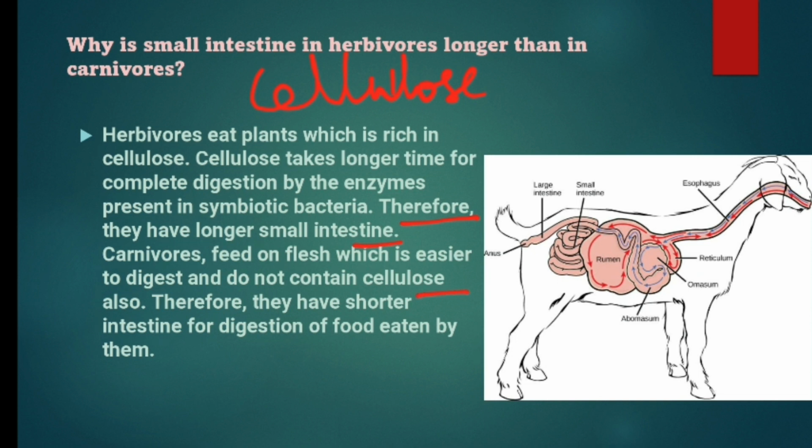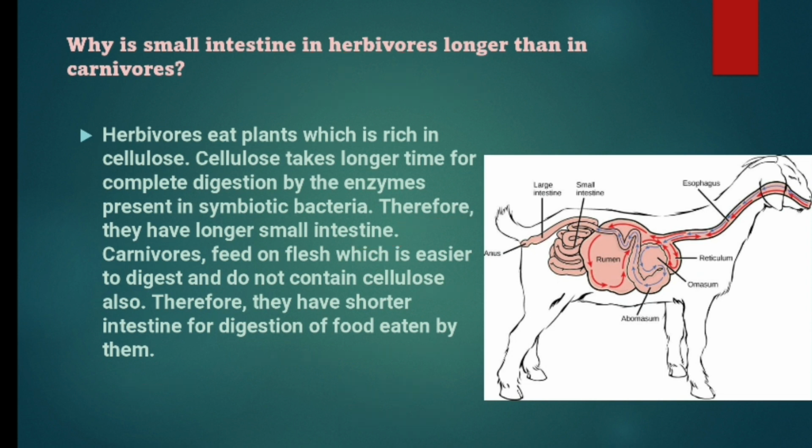So that is why they have a shorter intestine for digestion of the food eaten by them. This question is also asked for 2 marks as a give-reasons based question. So herbivores require the cellulase enzyme, which is missing in them, to digest cellulose, and that is why they have a longer small intestine compared to the carnivores.